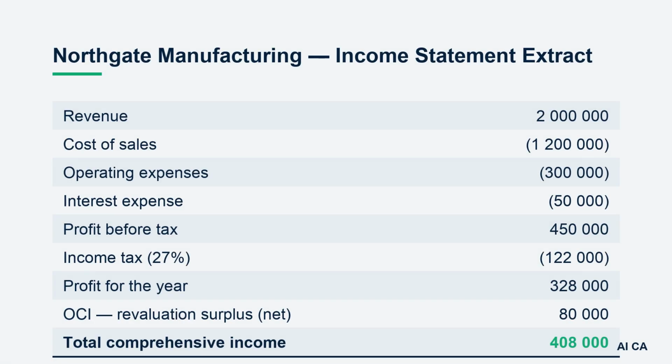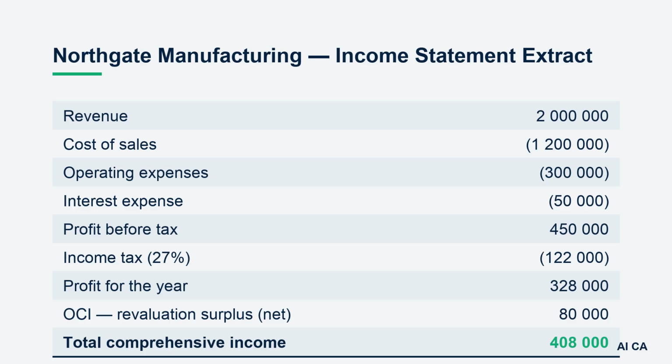Now let us run a clean numerical example. Imagine Northgate Manufacturing Limited for the year ended 31st December. Revenue is 2 million. Cost of sales is 1.2 million. Operating expenses are 300,000 and interest expense is 50,000. That gives profit before tax of 450,000.